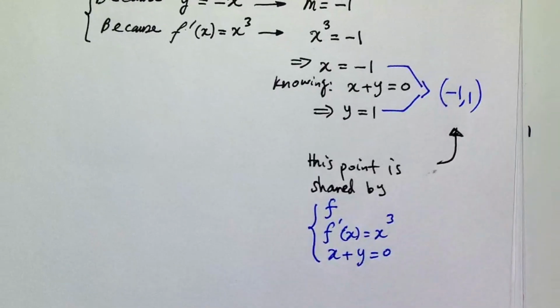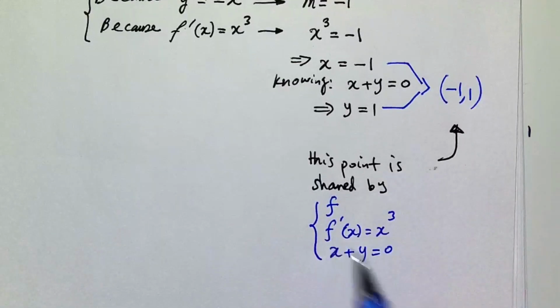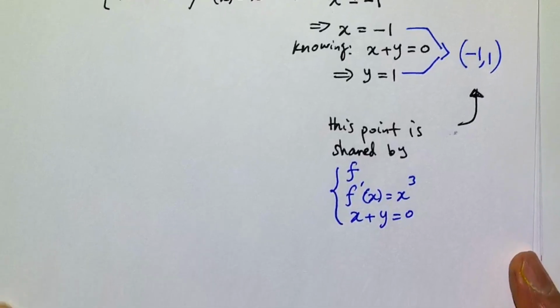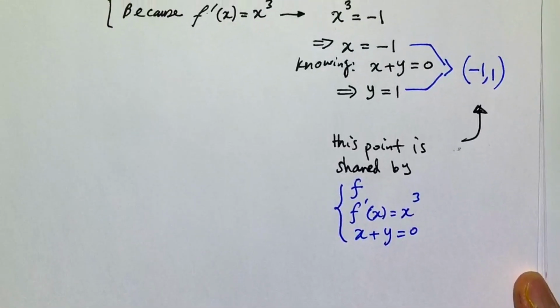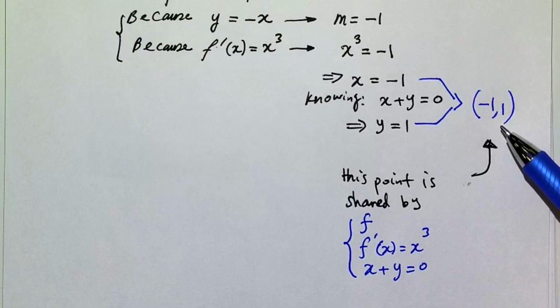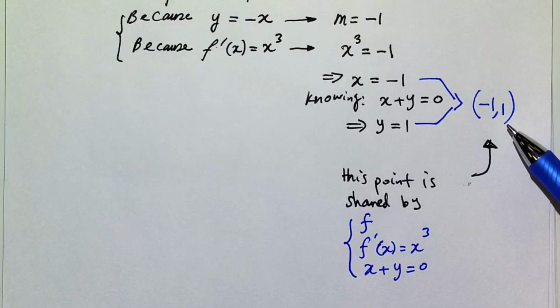All these three, the antiderivative, the first derivative, and the tangent line share that point. Okay? So why is that so useful? Because now we can use that point to find that constant value c, right?